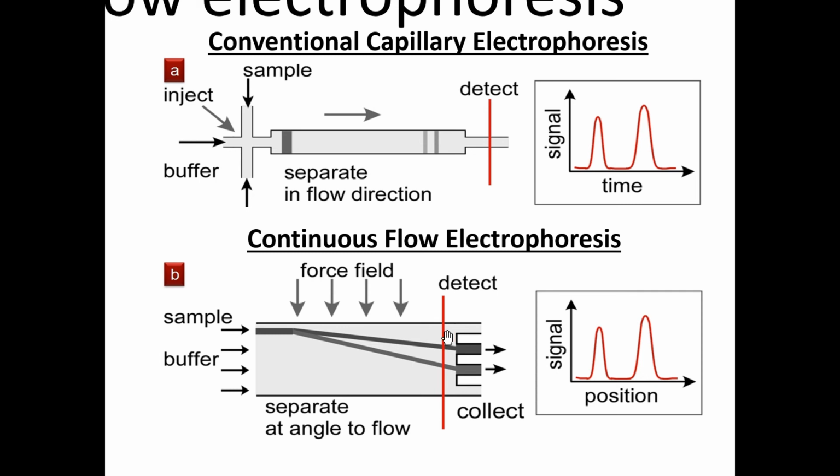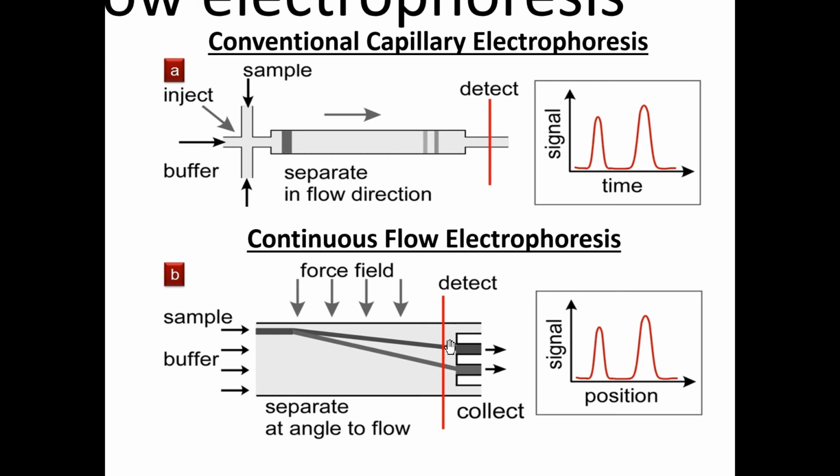But if you add an electric field, the electrophoresis is going to cause the molecules to also move down at different rates. As a result, the small and highly charged molecules will move down to a lower part of the channel, and the larger, less charged molecules will migrate slower.